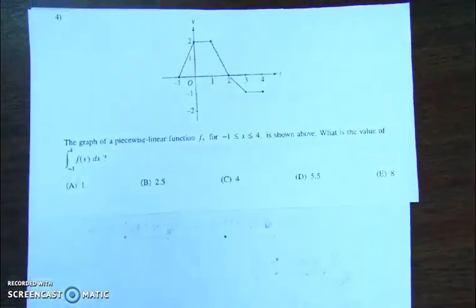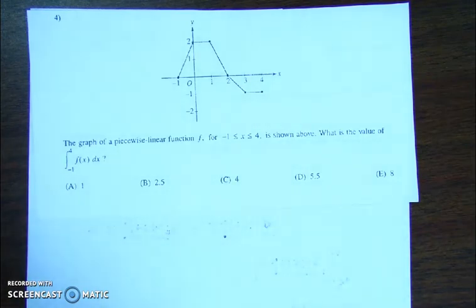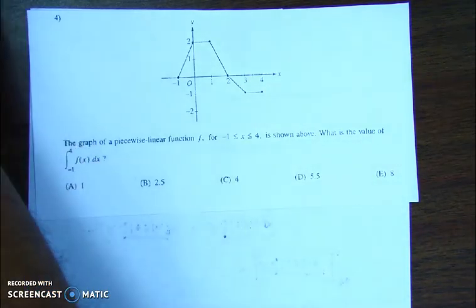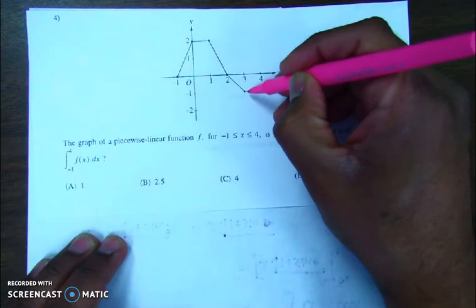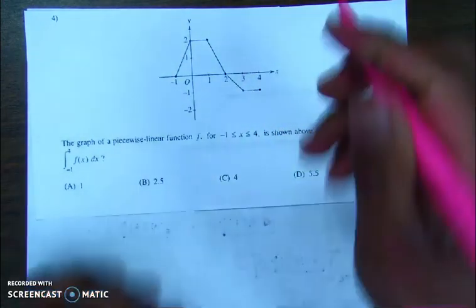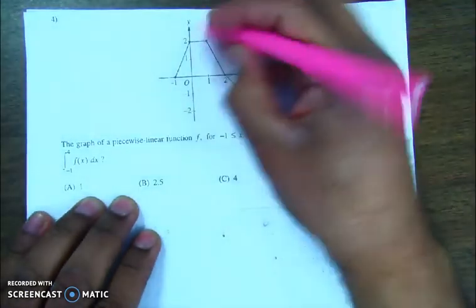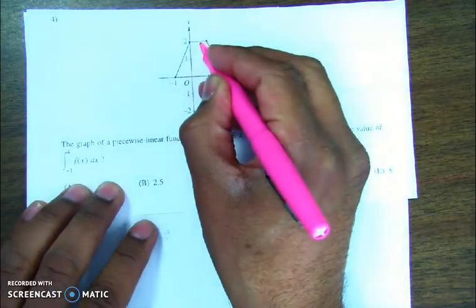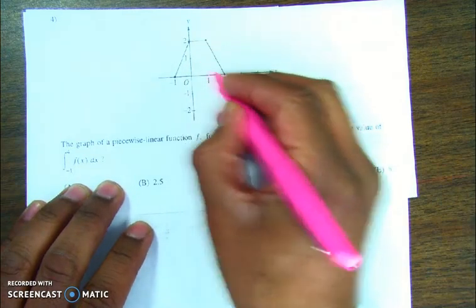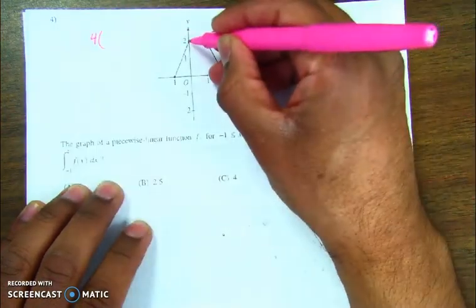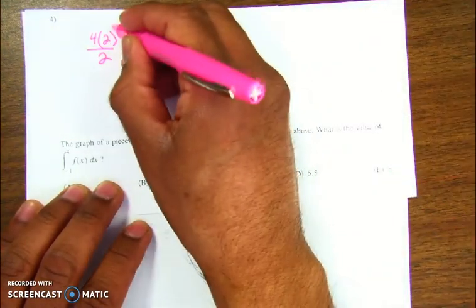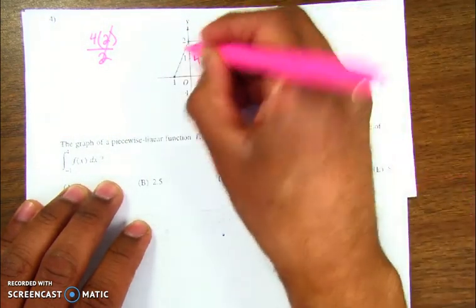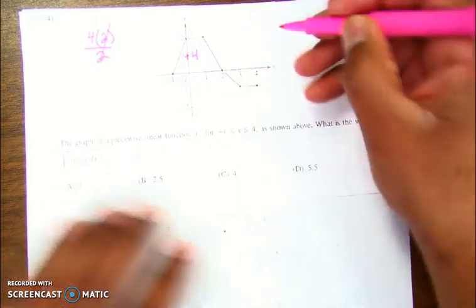Let's do problem number 4. For problem number 4, you should realize that you have 2 trapezoids. You could have done this in many ways. You could have done triangle, rectangle, triangle, triangle, and a rectangle, or a square. The last one's a square. But you could have also seen this as 2 trapezoids. So base 1 plus base 2, that's 1, 2, 3, 4. And the height is 2 divided by 2. That's 8 over 2, or 4. Now that's positive because it's above the x-axis.